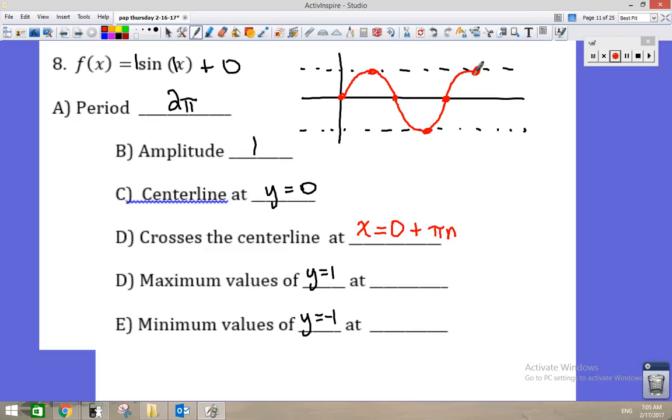From here to here is 2 pi. The first one in this basic cycle, this primary cycle that we usually use, is occurring here at pi over 2. And then the minimum is occurring here at 3 pi over 2.